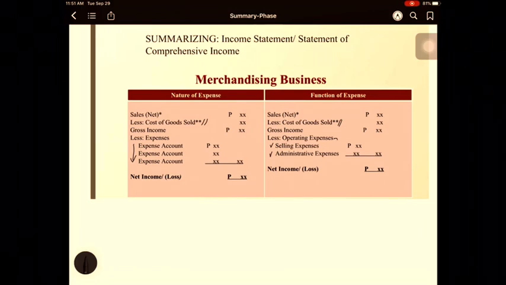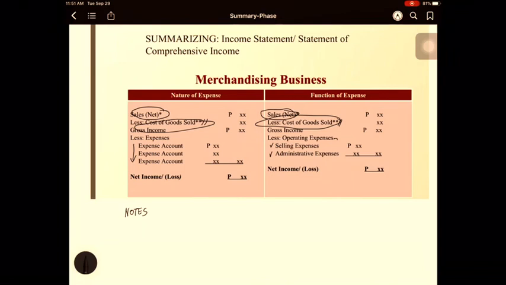Alright, so we have to take note of this: your sales and your cost of goods sold should be presented in a separate computation, which is called notes.